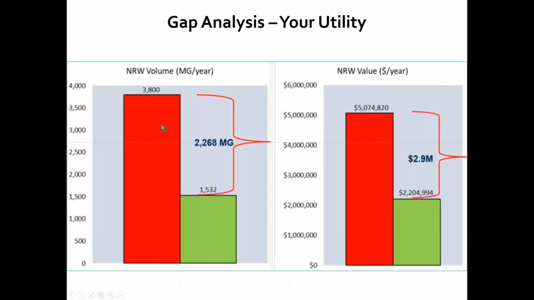The difference is called the gap, and that's what we're trying to analyze: where are you today versus where an optimized condition would be, and what's the opportunity for reducing and recapturing some of that. From a volume standpoint in this example, that's over 2 billion gallons a year, and almost $3 million on a cost basis each year. This helps set the stage for what types of intervention are going to be effective, and what level of intervention is appropriate and cost justified.